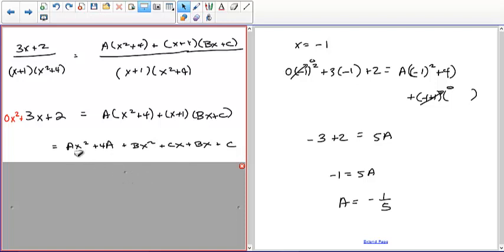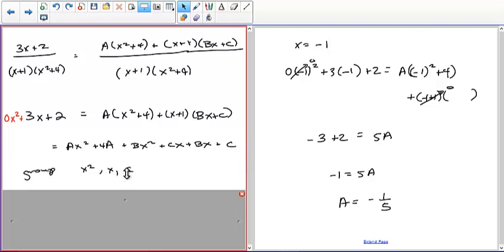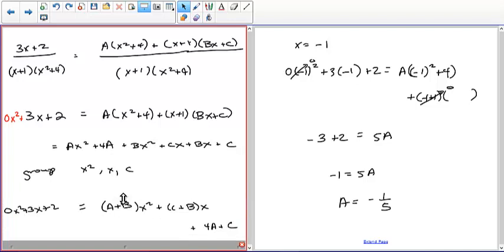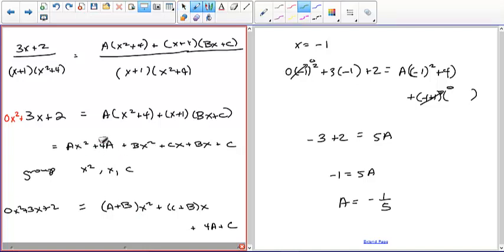And then you group the terms that have x squared in front of them, the terms that have x in front of them, and the ones that don't have either x squared or x, just the constant terms together. So we've got a plus b times x squared, those are those two terms. Let's just mark them out once we've taken care of them. Have these two terms, so it's c plus b times x, factoring out these terms. And then we've got 4a plus c left over.